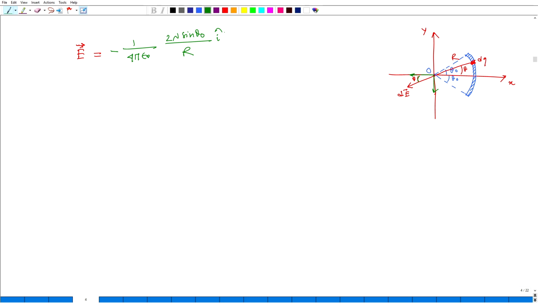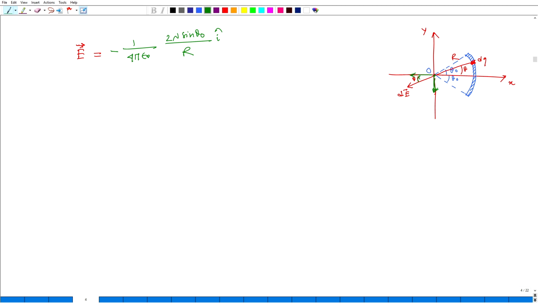Here, the only non-vanishing component is the x component, and that is expected from the symmetry point of view. Due to the small charge dq, you see the x component and the y component.